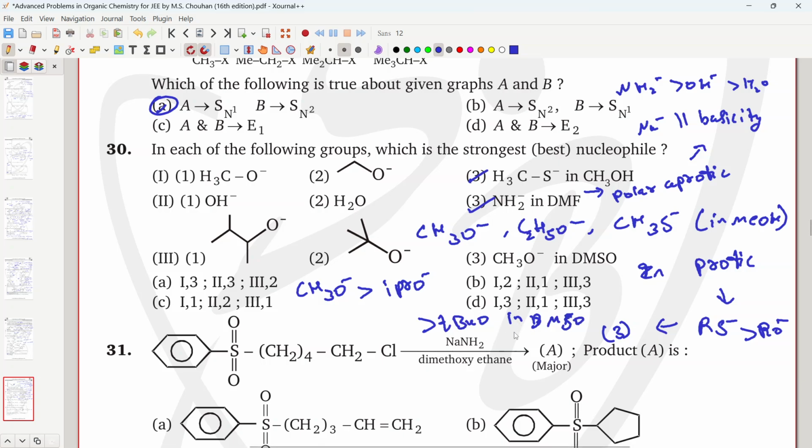So the strongest nucleophile is 3 once again. So the answer is, wait, not 3, sorry, 2 in this case. Yeah. So the answer is A.